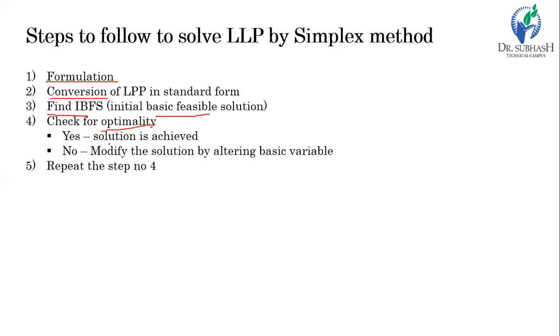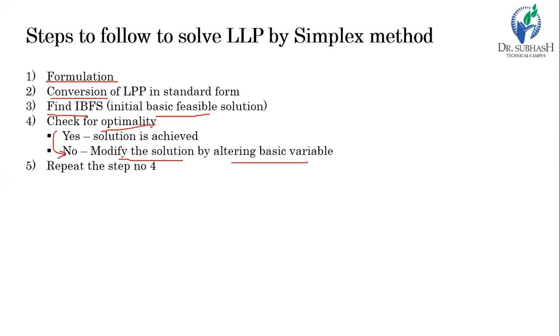If it is optimal, then the solution is achieved, our problem is solved, and we get the answer for the decision variables. But if this IBFS does not fulfill the requirement of optimality, meaning our answer is not optimal, then modify the solution by altering the basic variable.